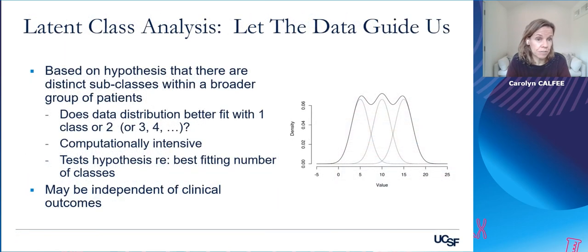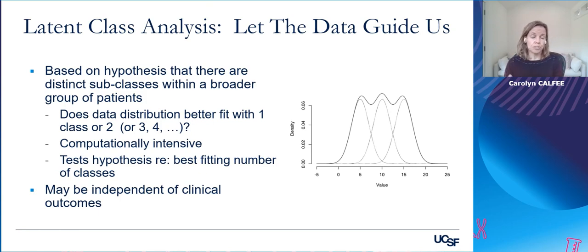We've taken a different data-driven approach called latent class analysis, which seeks more homogeneous, distinct subclasses within a broader group of patients and asks whether the distribution of data, as you can see, for example, on the right-hand side, better fits with the hypothesis that this is one group, two groups, or perhaps, as you see in the dotted line, three groups of patients.